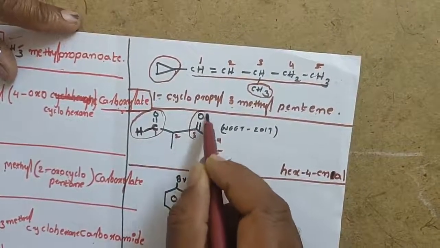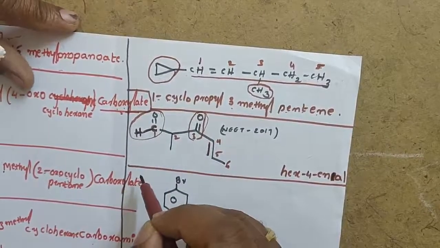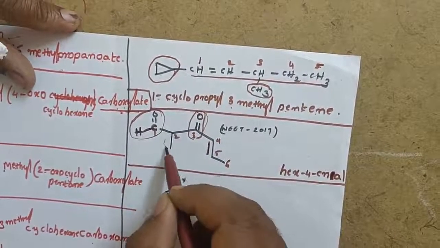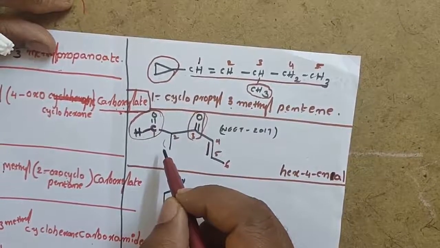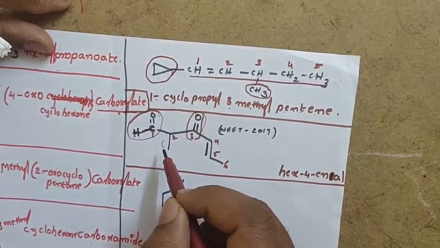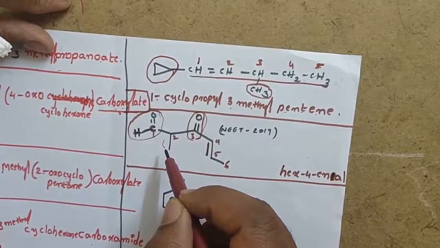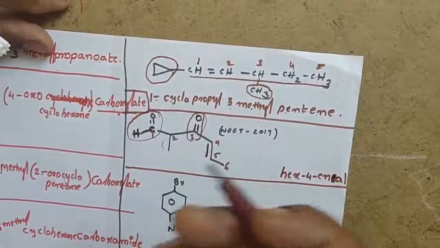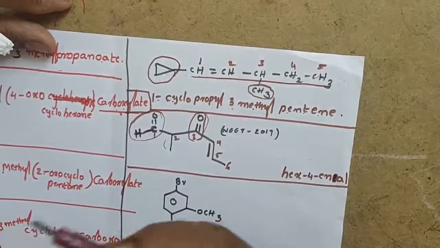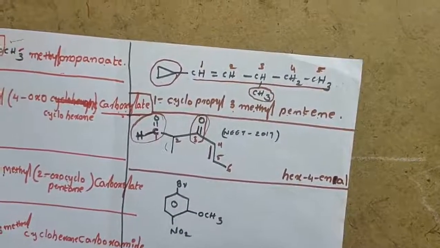This is one side chain here, called the oxo side chain. This is the methyl side chain. Which comes first, oxo or methyl?